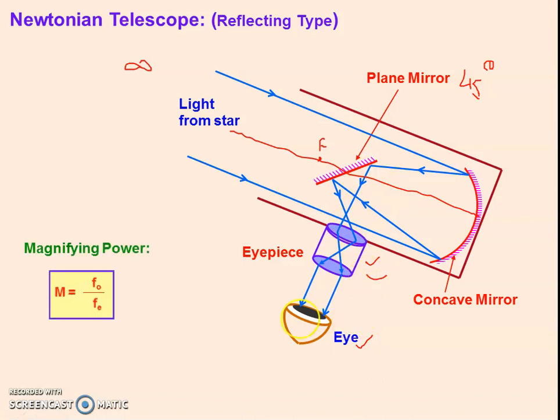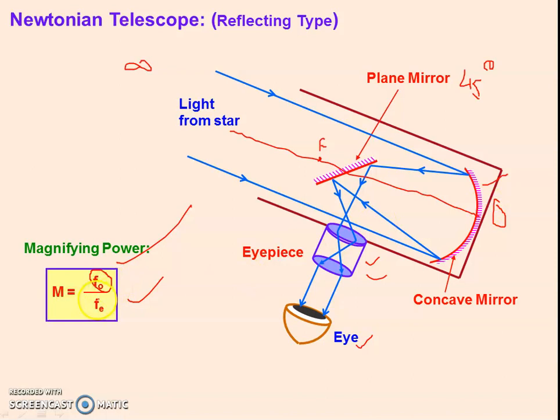Now the magnification or magnifying power of the Newtonian type telescope is fo by fe. Now what is fo? This is the focal length of the objective. Here this mirror is facing the object, so it is the objective.